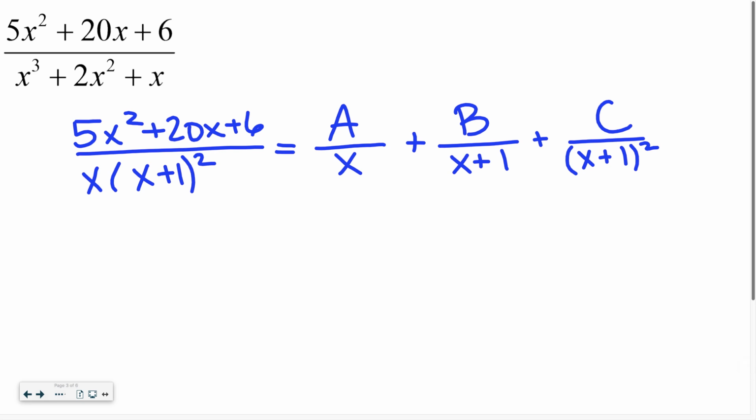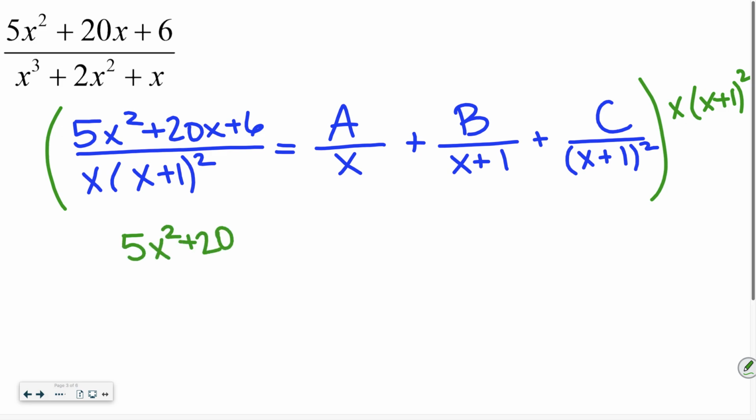All right. So at this point, we're going to multiply by our LCD. What's really nice about multiplying by our LCD is it's always going to cancel out your original denominator. So we have 5x squared plus 20x plus 6 on the left side.